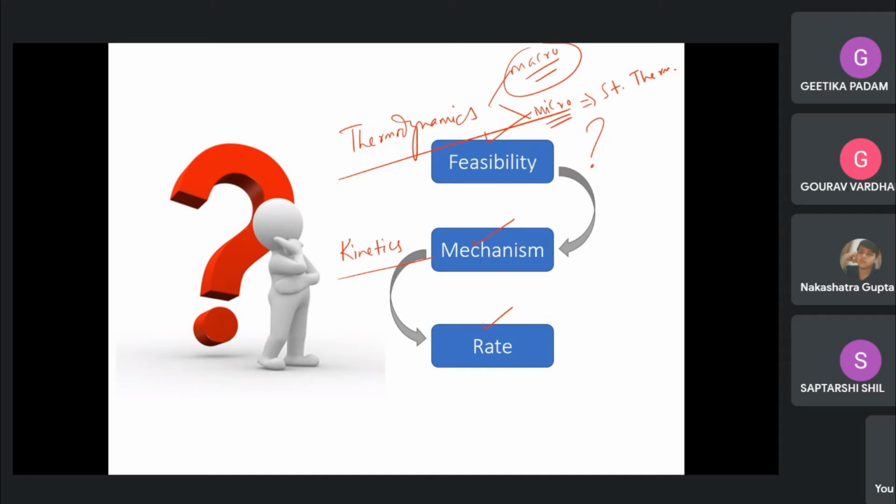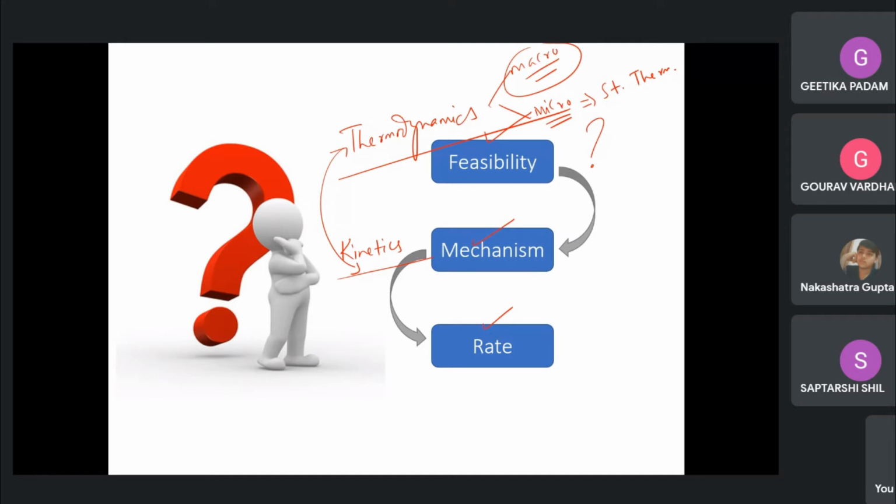Okay, so this has to be established with the experimentation process. Without doing experiments, we cannot say whether a particular reaction is simple or a complex reaction. Anyway, kinetics gives you the answer of mechanism. That is why I always say thermodynamics and kinetics are complementary topics.